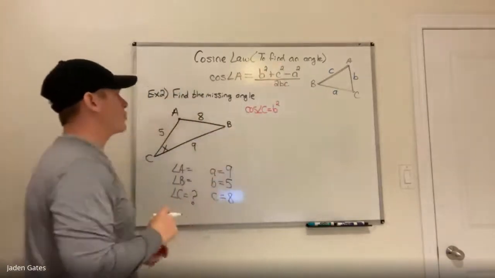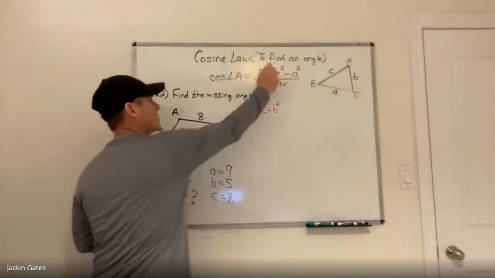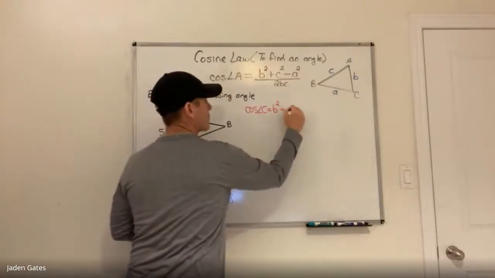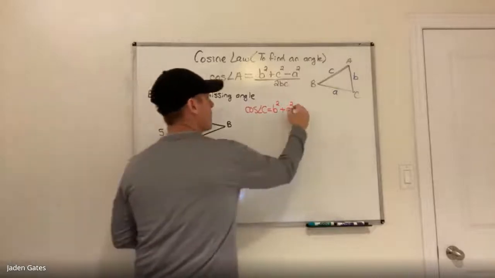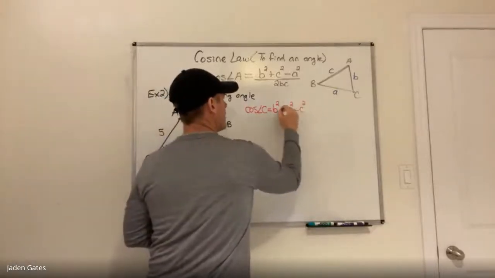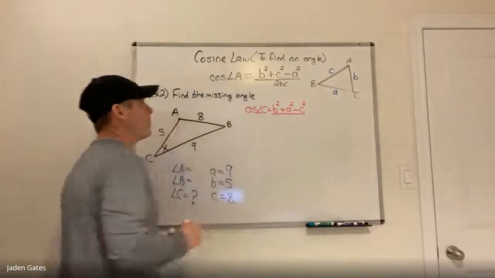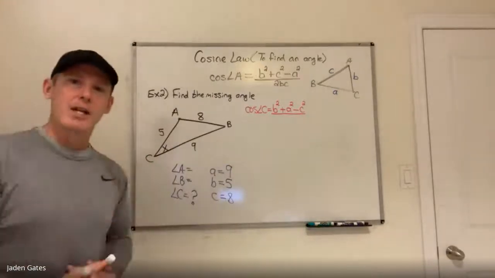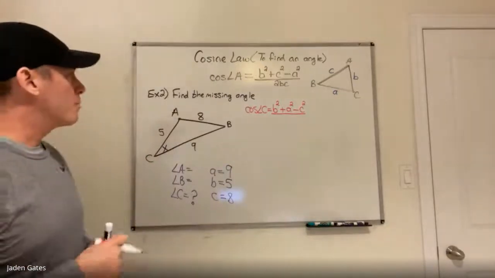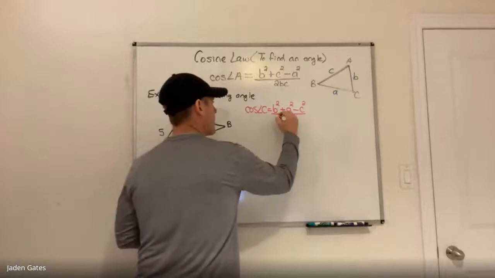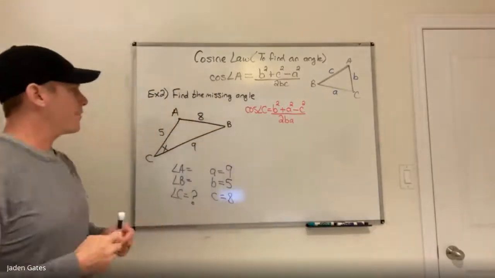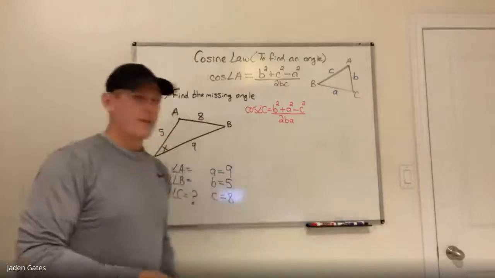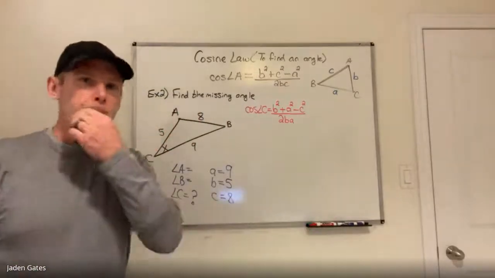Now I'm switching A's and C's: instead of plus C squared, I'm going to have plus A squared, and instead of minus A squared, I'm going to have minus C squared. And at the bottom, instead of divided by 2BC, I'm going to have it divided by 2BA.